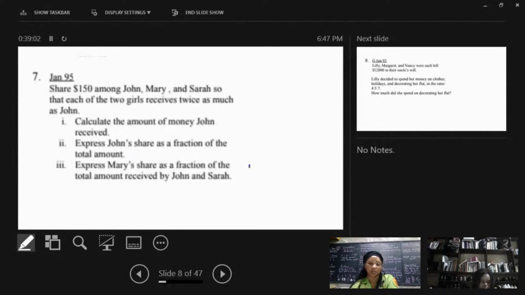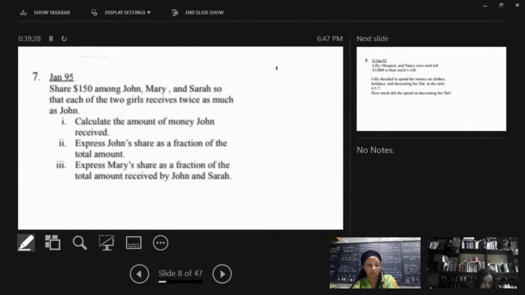Okay. All right. Yes. So, Miss, since it's three of them, 150 divided by 3. But with both, the ratios are not the same. It's not 1 to 1 to 1. Okay, this would be 2 to 1 to 1.